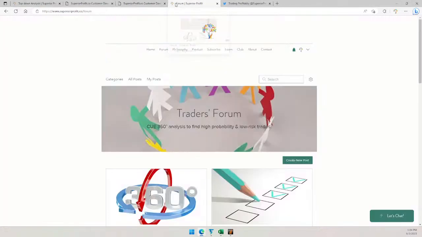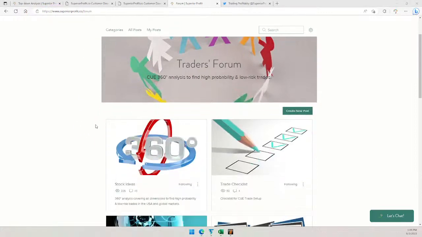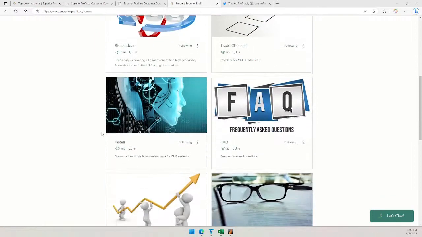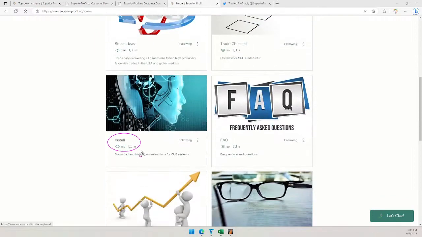How to install, and also remove the older components before that? All the details are already on the forum page. So again, if you go to superiorprofit.co, click forum, you will come to the forum page. Stock ideas are shared by me under this category, stock ideas. If you scroll down, you will see the install category.